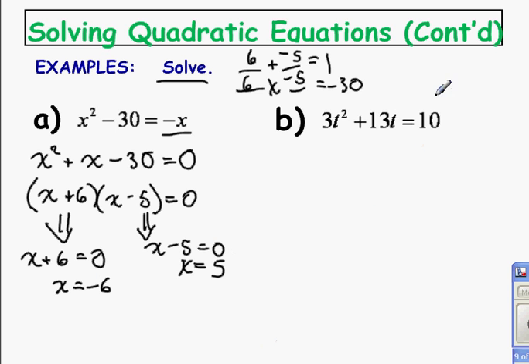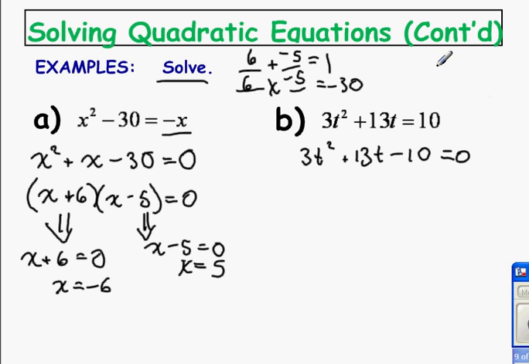In the second example, we have to move the 10 to the left side so that it's equal to 0. So we have 3t squared plus 13t minus 10 equals 0. Okay, so you check if you can factor. So two numbers that add to 13 and multiply to negative 30.